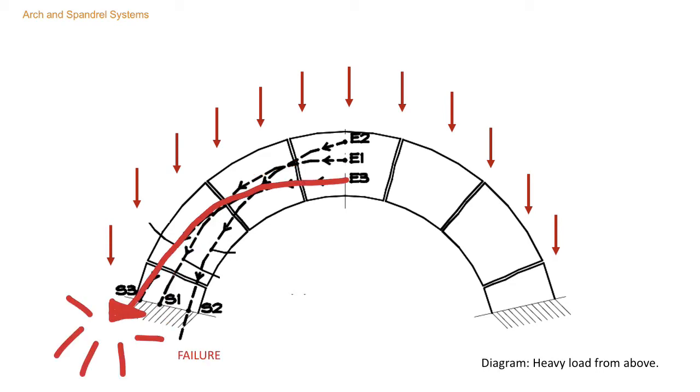Let's imagine we get a huge army with all of their military paraphernalia, heavy carts and heavy machinery, early machinery, right? At this point, with that heavy load, we are at the point of failure. You can see here in the E3 trajectory of that compression load that the compression forces start to push outside that upper boundary of the arch.